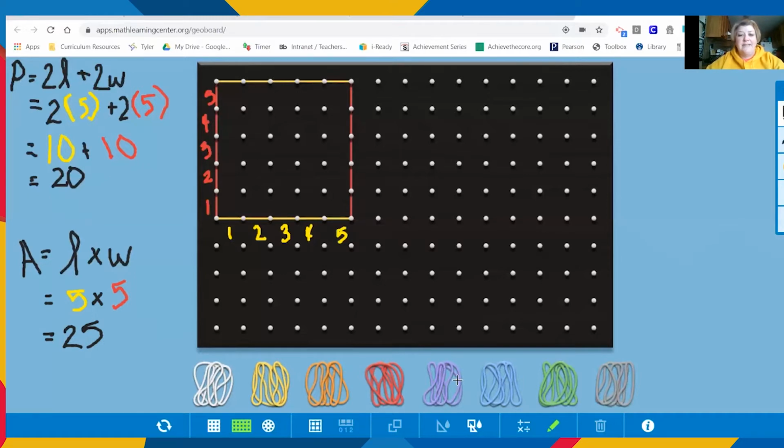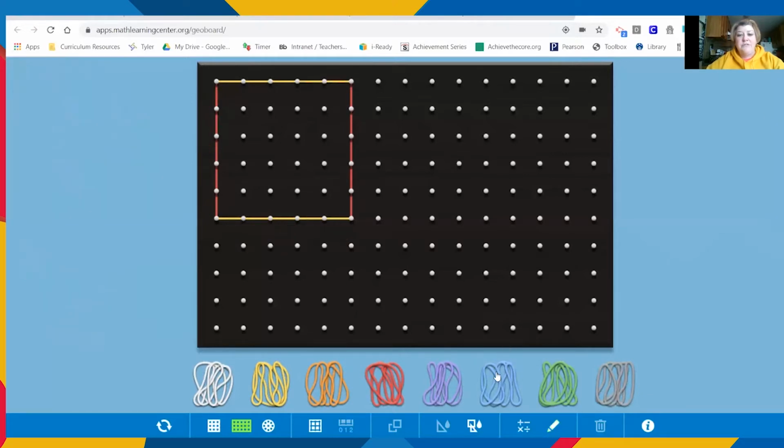I'm going to create another rectangle for you. And after I create this rectangle, I would like for you to pause the video and work through the area and the perimeter. I want you to tell me, after you work through it, what is the area and the perimeter?